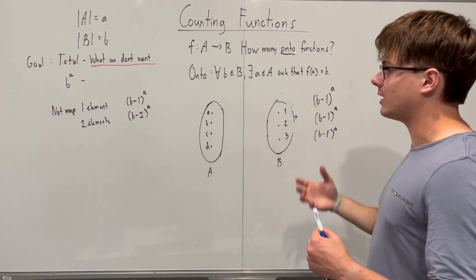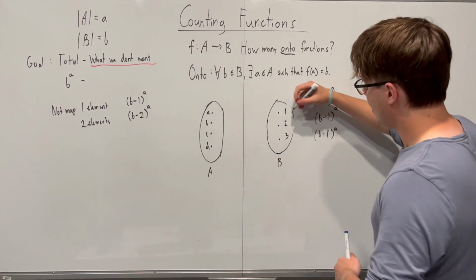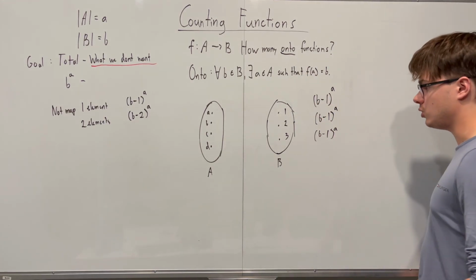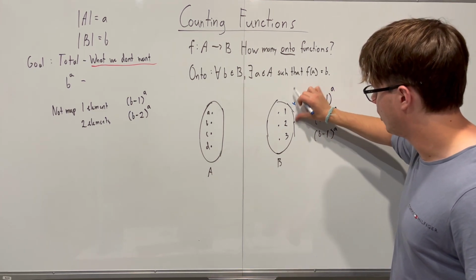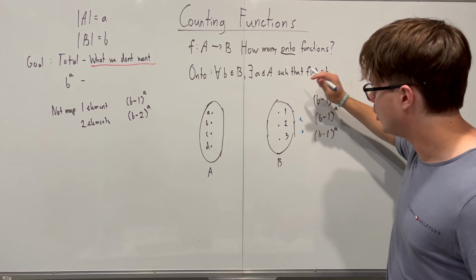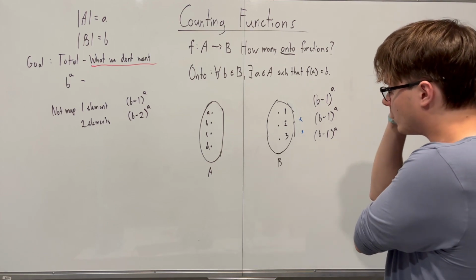But we need to generalize it somehow, right? Because if we take, for example, our case with 2 elements, well, we're simply asking ourselves, how many different combinations can you not map to 2 elements? Well, that could be 1 and 2, or 1 and 3, or 2 and 3. You get the idea. So what is that going to look like?